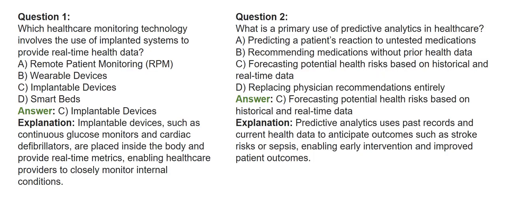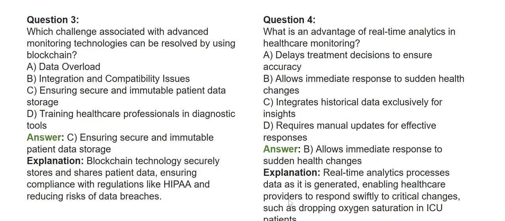The most accurate answer is C, forecasting potential health risks based on historical and real-time data. Predictive analytics uses past records and current health data to anticipate outcomes such as stroke risks or sepsis, enabling early intervention and improved patient outcomes.